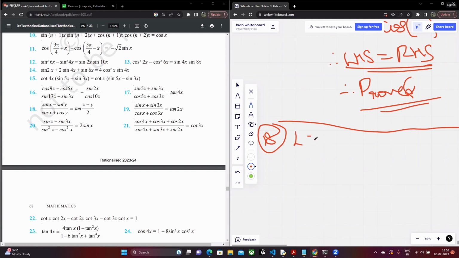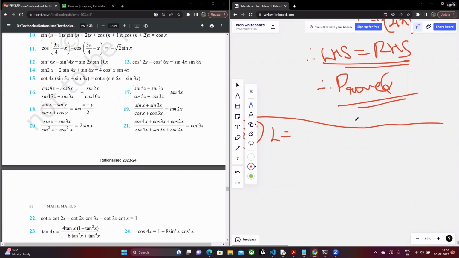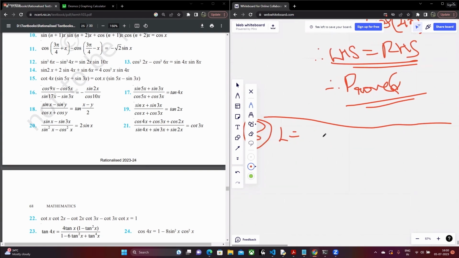So again, taking LHS because the right hand side is very simple. LHS is equal to sin x minus sin y divided by cos x plus cos y.